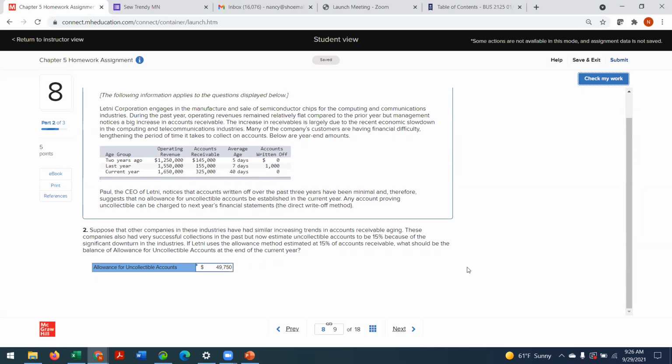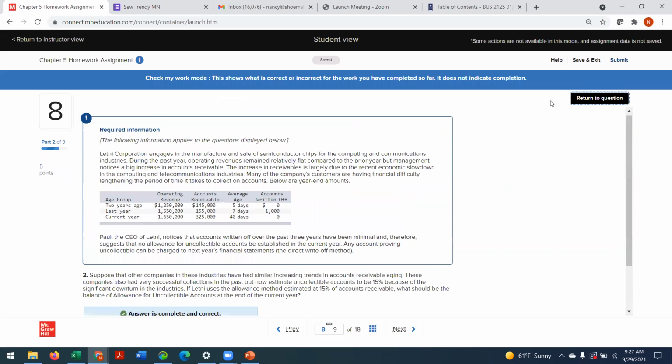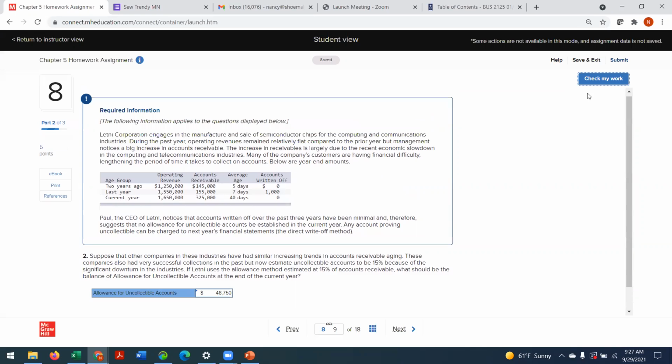No, we don't have to do it. And the reason we don't have to do it is because he hadn't done it in the past. He just directly wrote them off. So since he directly wrote off that 1,000, we don't need to account for that. I'm sorry about that. He would have to take that into account if he was using the allowance method in previous years. But it looks like he never did use it.